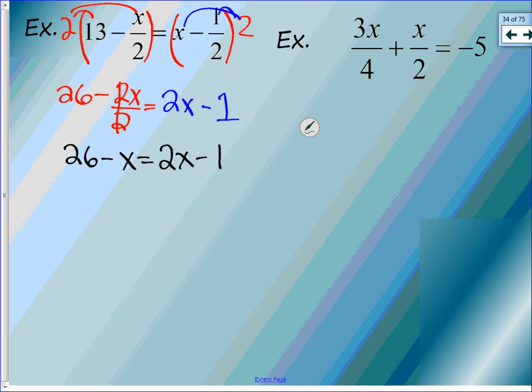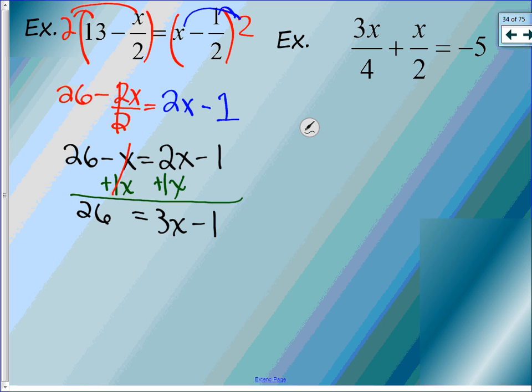Add 1x to each. Good. I would add 1x to each side. And then the 1x's cancel. So I get 26 equals 3x minus 1. Any questions on that step?